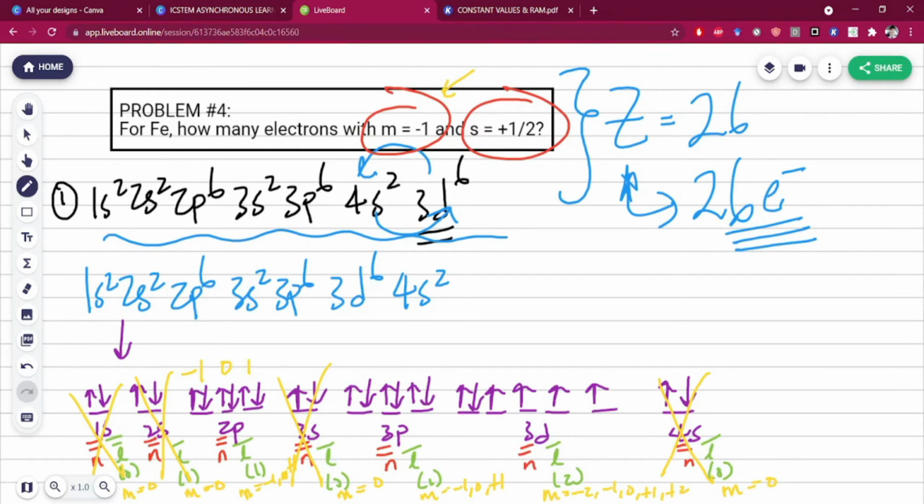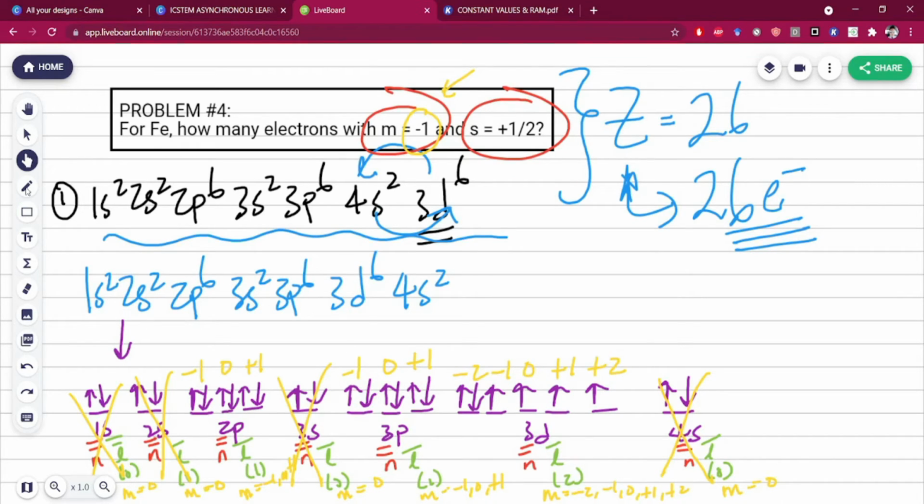This one is 0. This is plus 1. We need to find for negative 1. So these are the negative 1 electrons, 1, 2, 3, 4, and 5.